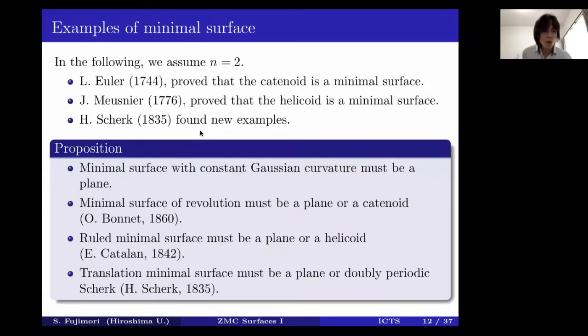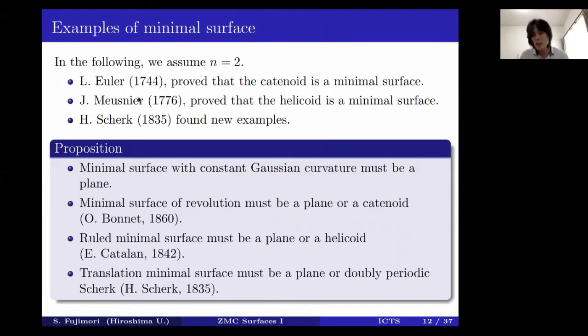So before finding the relation between minimal surfaces and complex analysis, it was very hard to find solutions of the minimal surface equation. So for these surfaces, they could find solutions of the minimal surface equation by reducing the PDE to an ODE using some assumption, such as a surface of revolution, or ruled surface, or translation surface.